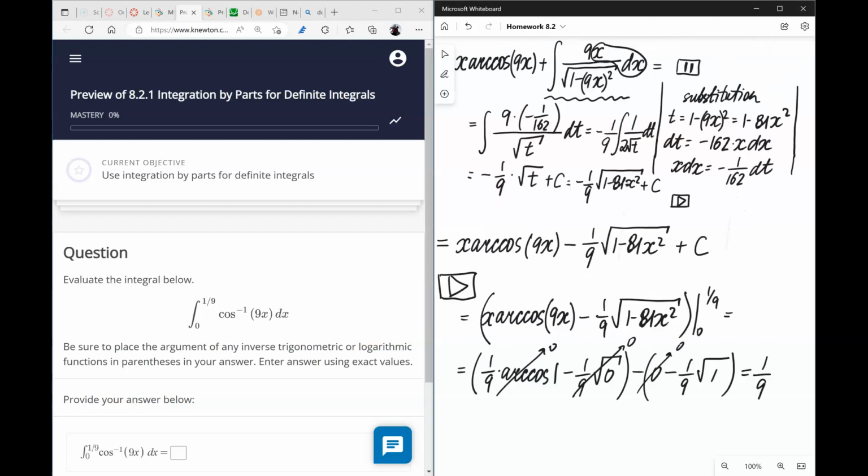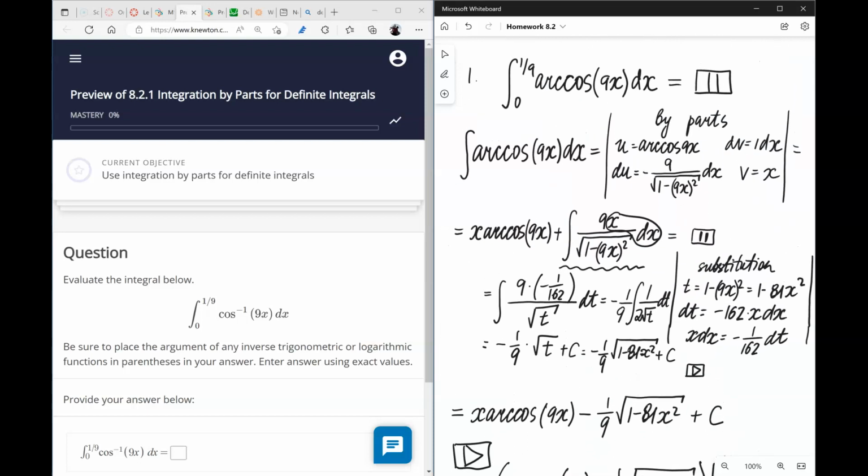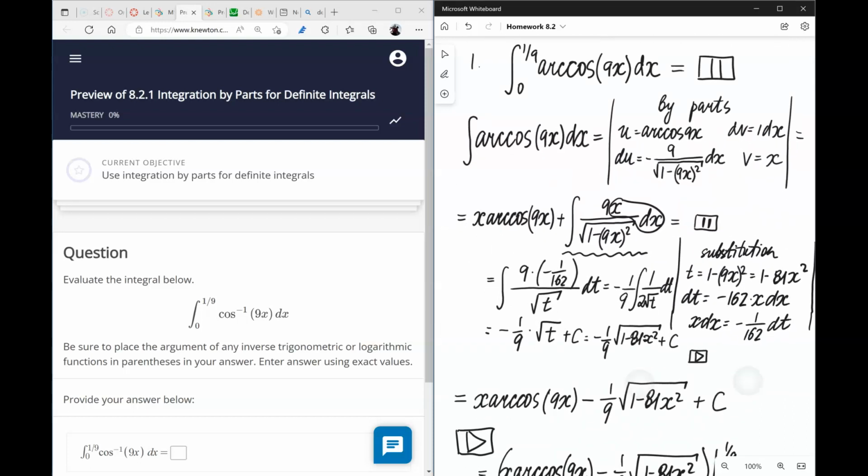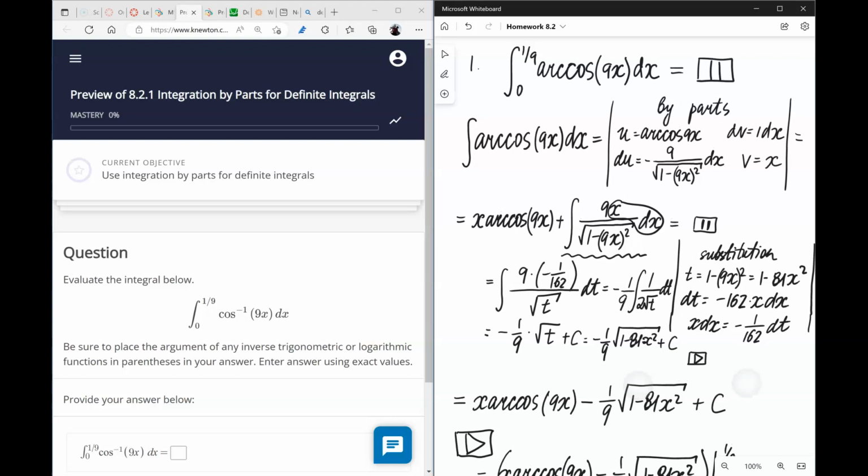Now, this is absolutely valid approach for long solutions like this. Do the indefinite integral first, and then do the fundamental theorem of calculus at the very, very end.